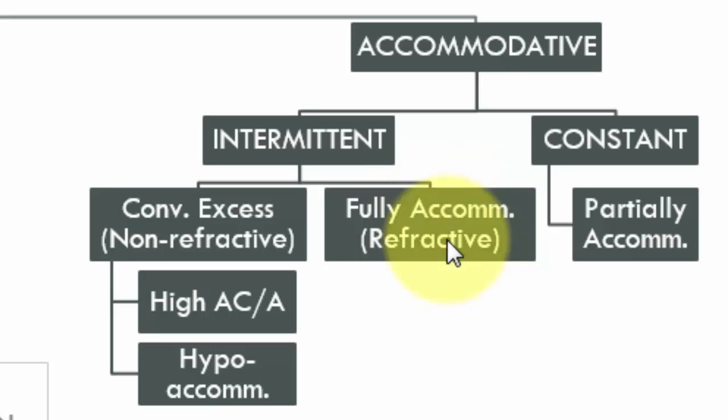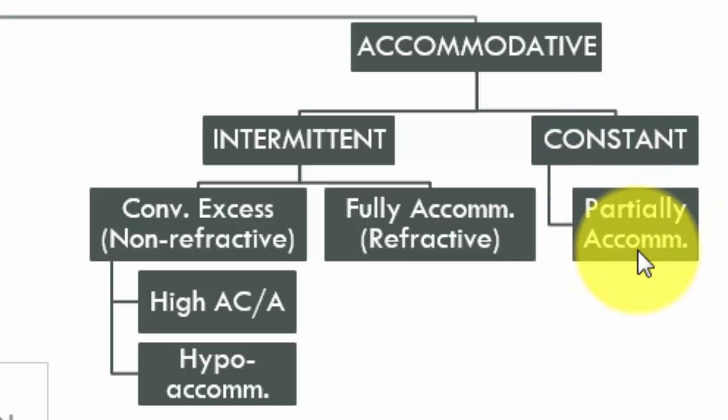Whereas with fully accommodative, we obviously have hypermetropia, which is the issue resulting in the esotropia. These patients, although not documented here, generally have a basic type of deviation, similar near and far in terms of size.